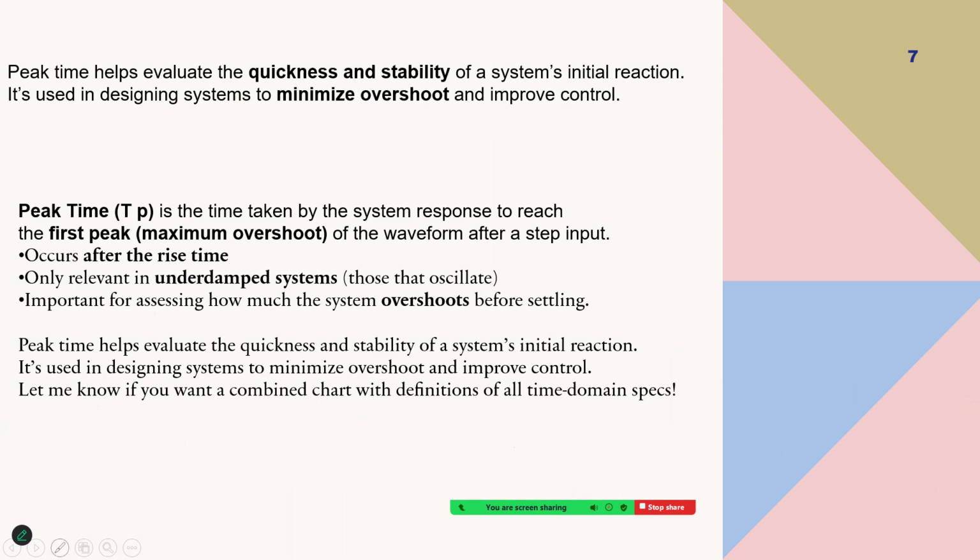It is important for assessing how much the system overshoots before settling. Peak time helps evaluate the quickness and stability of the system's initial reaction. It is used in designing systems to minimize overshoot and improve control.